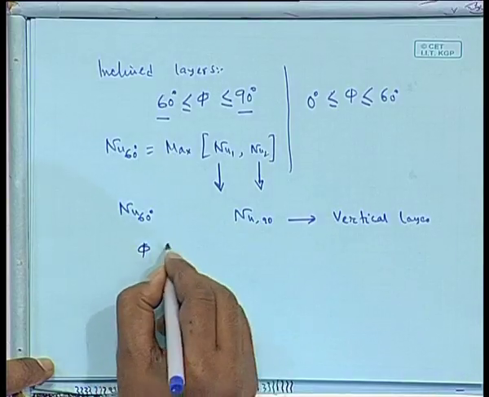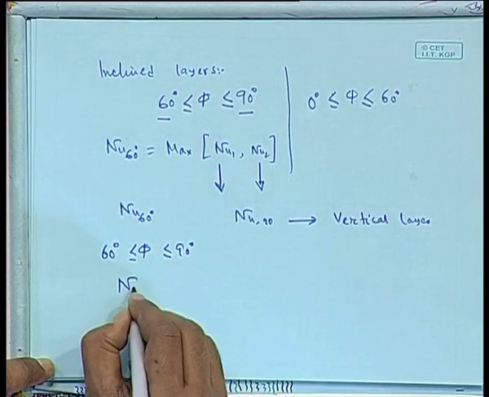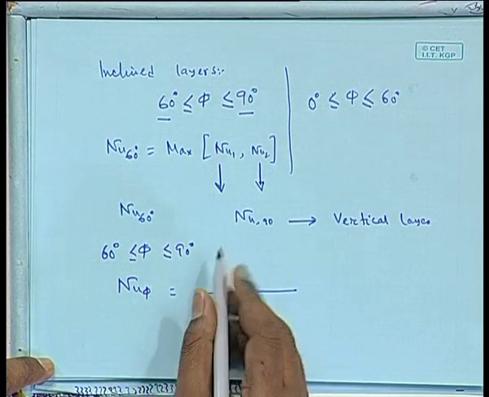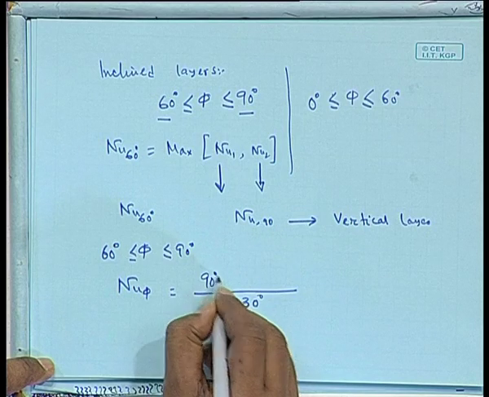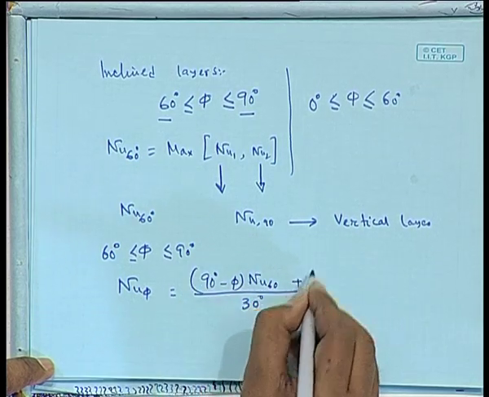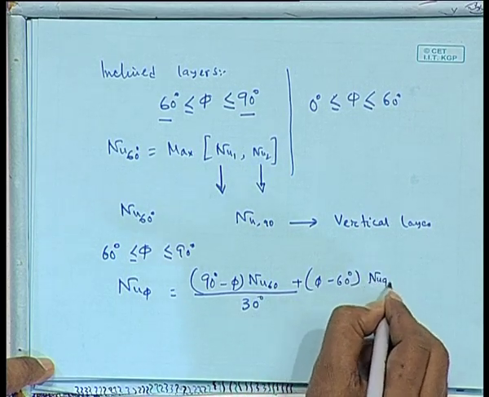For any phi lying between 60 degree and 90 degree, it is simply given by 90 degree minus phi times NU60 plus phi minus 60 degree times NU90.